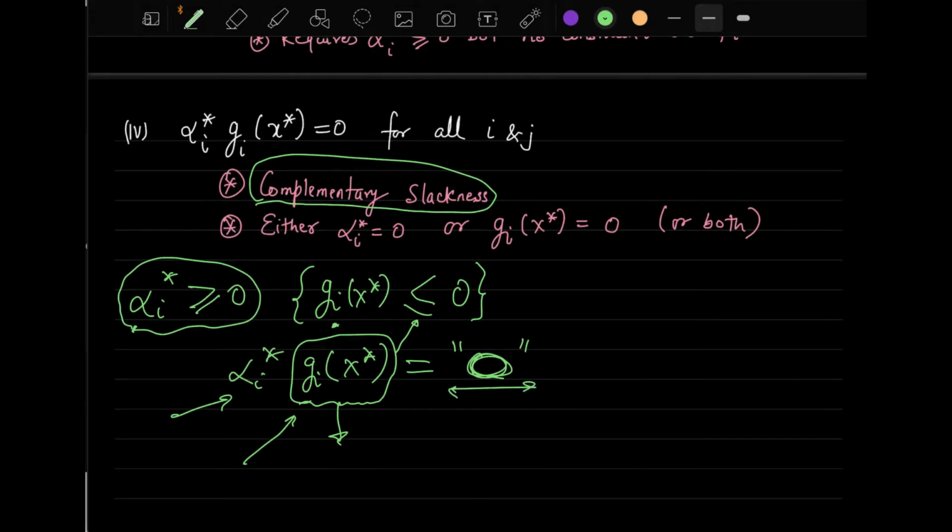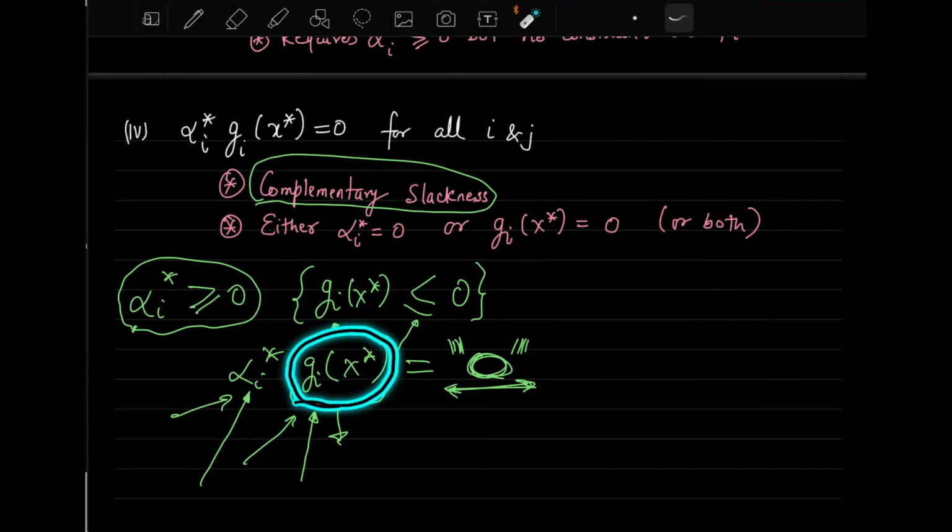Then if g_i is less than 0, what can you say about alpha_i? Will it be 0 or greater than 0? It will be 0. Yes, it is quite evident, because you want this complete expression to be equal to 0. Then if g_i is less than 0, your alpha_i has to be equal to 0.